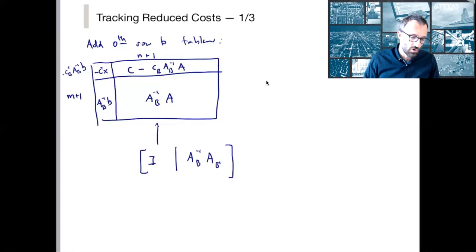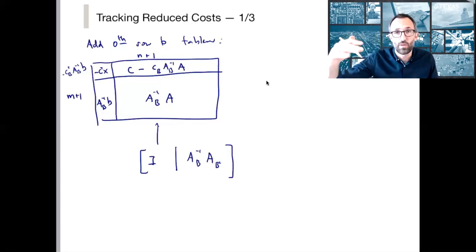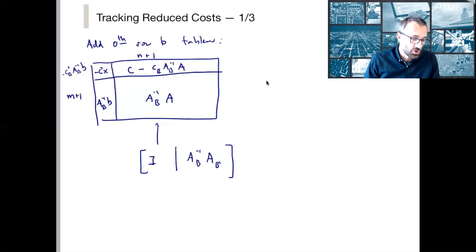Okay, and we also saw that this automatically updates AB inverse B, basically for free. It's the same type of thing. So now we need to understand how we are going to update this 0th row. And it turns out that we're going to update it in a very, very similar and simple way.